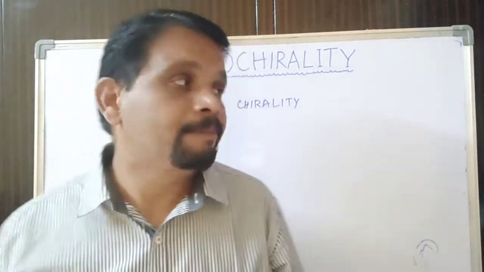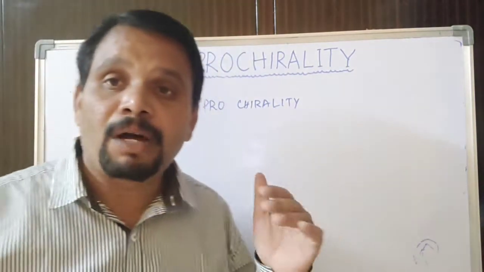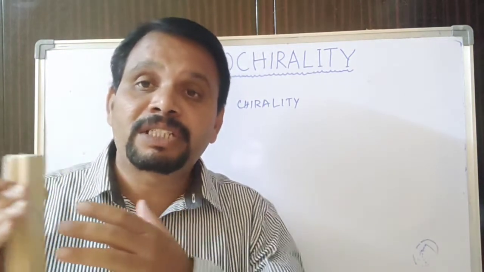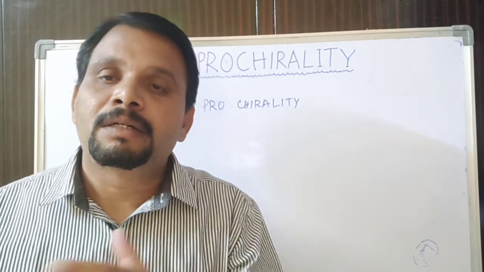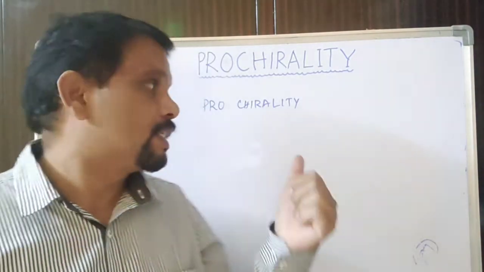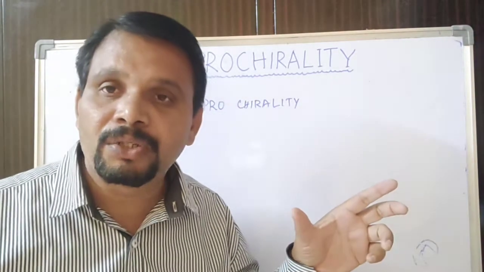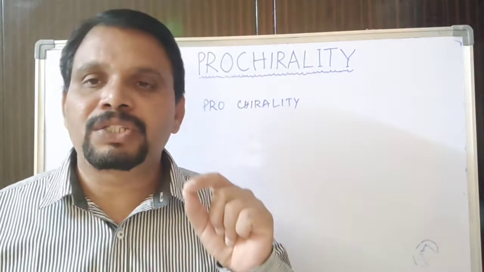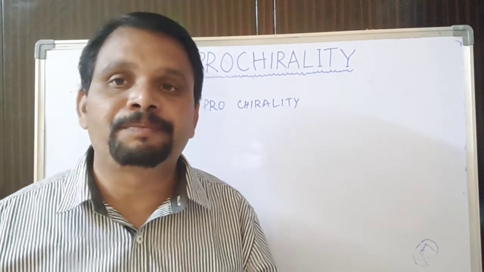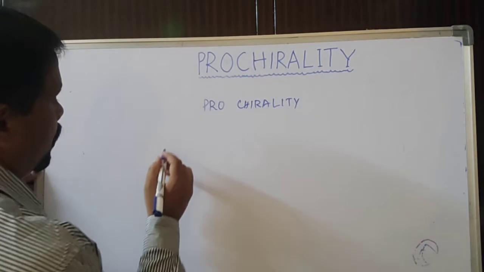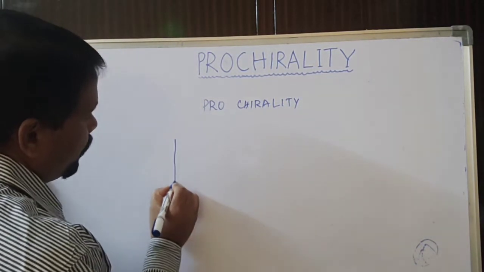Before they become vice chancellor, they can be considered pro vice chancellor. Similarly, before a molecule is converted to chiral, it is considered a prochiral molecule, and that property is known as prochirality. So this is the example I want to give you.